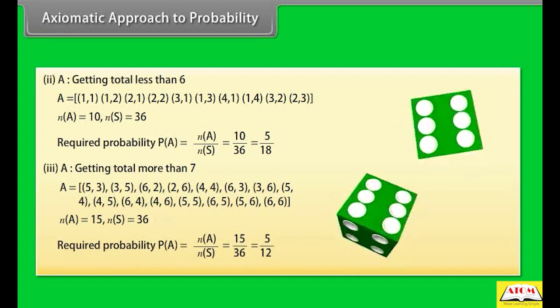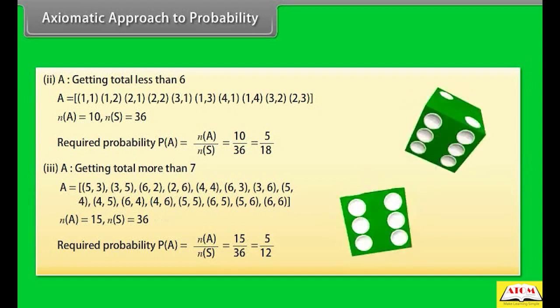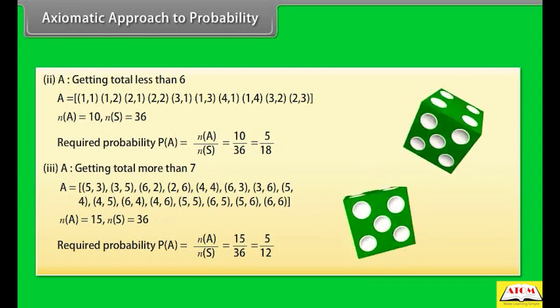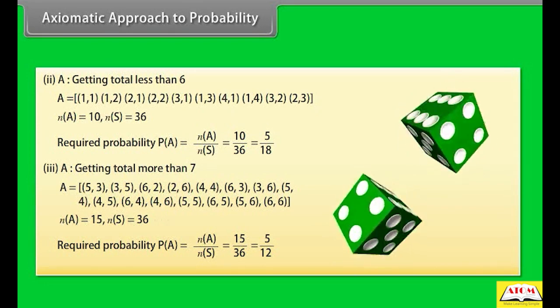Required probability P(A) = n(A) by n(S) = 15 by 36 = 5 by 12.